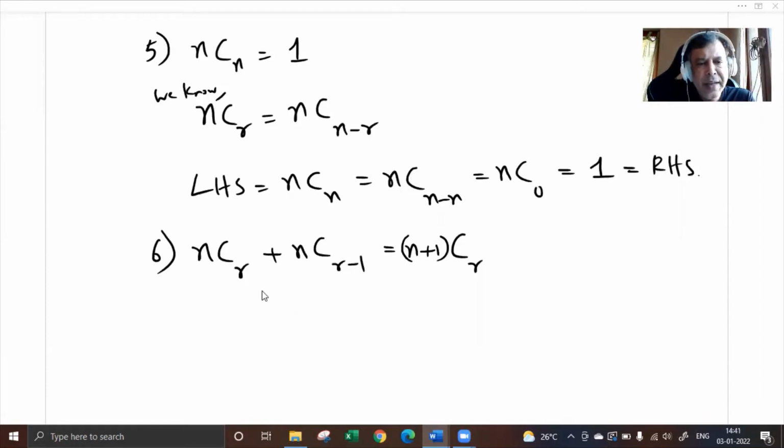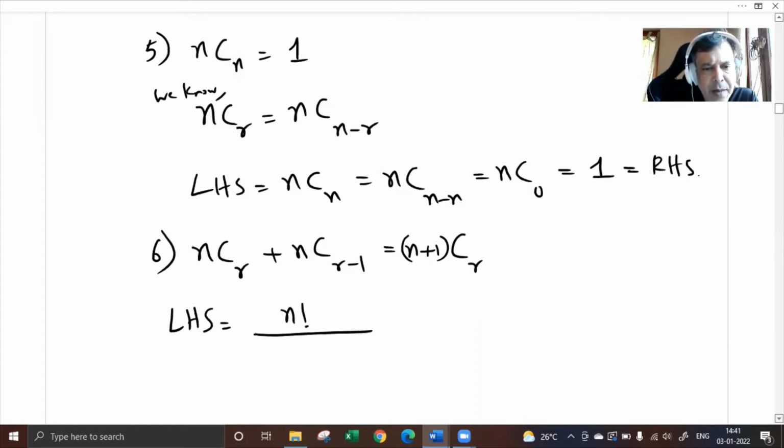Next to prove is nCr plus nC(r minus 1) is equal to (n plus 1)Cr. So let us take the left hand side and expand it. If I expand nCr, it is n factorial divided by (n minus r) factorial into r factorial.